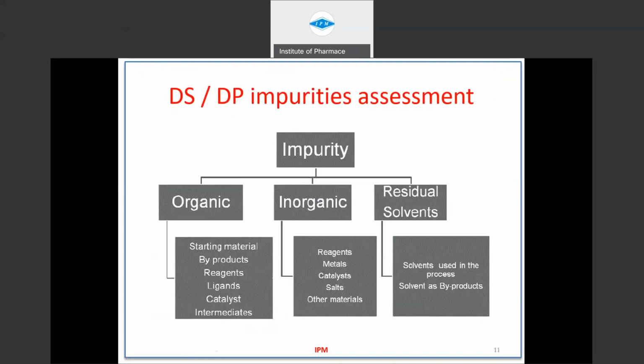So we are familiar with these three broad classes of impurities, and what is their likely source in the drug substance. This is based on the drug API process, drug substance process.